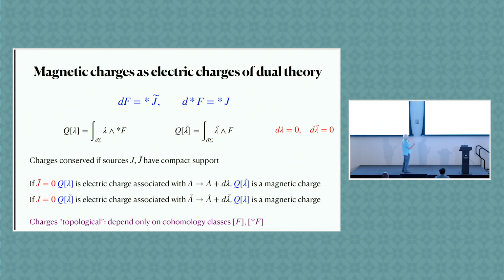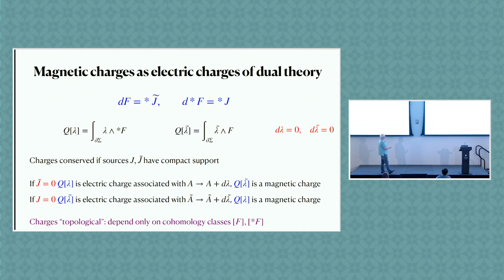So in the general story, where you have both of these sorts of sources, these charges remain conserved, provided these sources have compact support. And these are no longer Noether charges, because in this case, we no longer have these gauge symmetries, although we do have them asymptotically. If the magnetic current is 0, then this one is a Noether current for this symmetry, and this is a topological or magnetic charge.